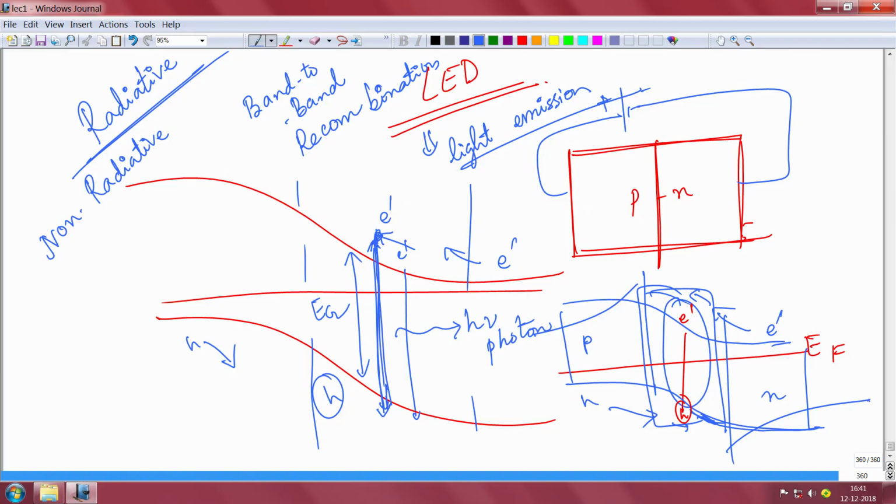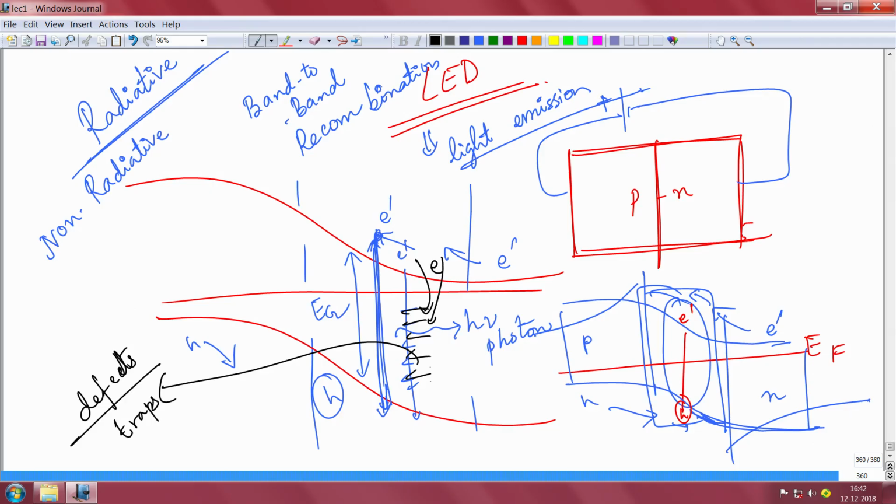That is non-radiative recombination. It can also happen in direct band gap material if the material quality is not good. Okay. You do not want that. There could be many defects in the material. These defects will manifest as trap states in the band gap, and the electrons can recombine with the traps also, the holes can recombine with the traps also.